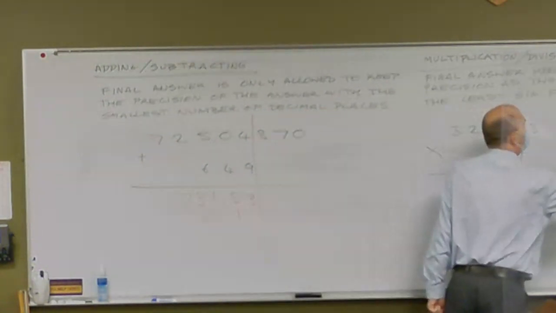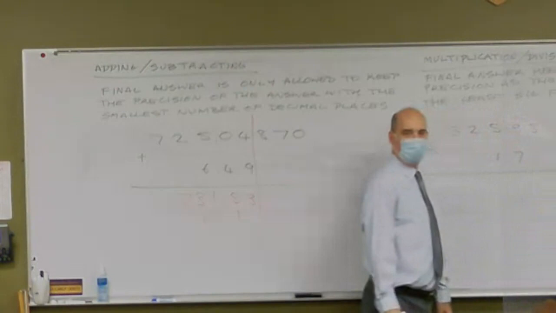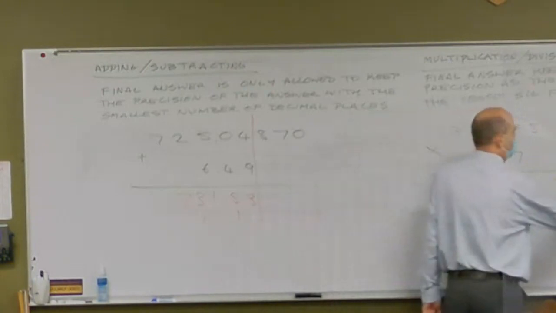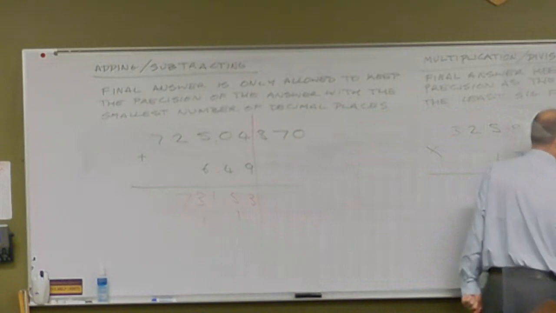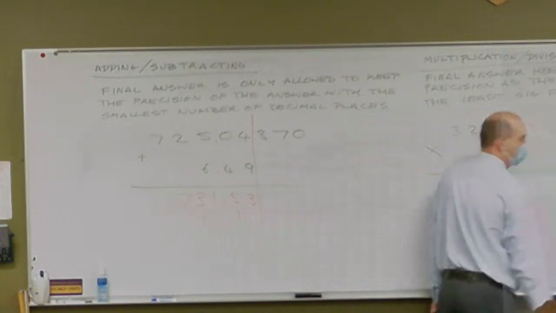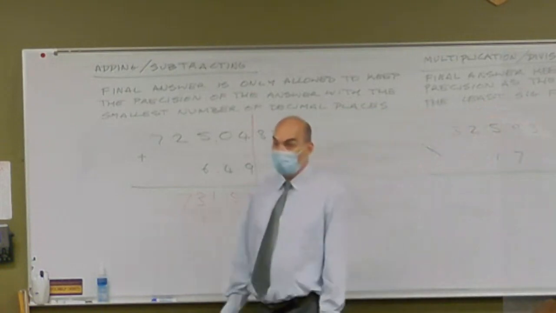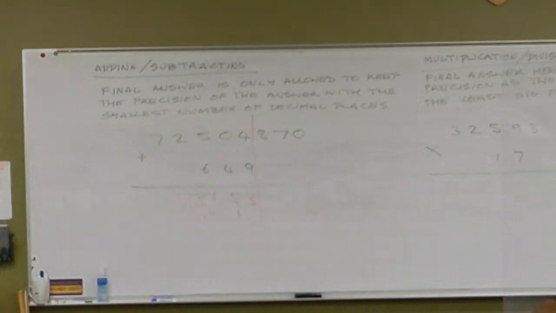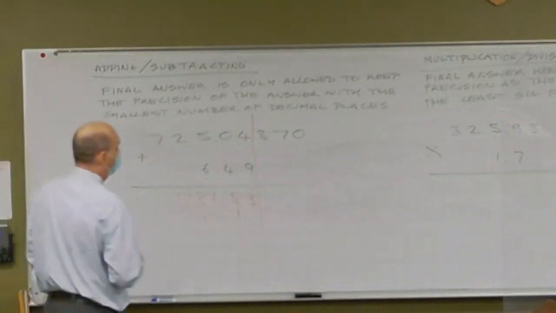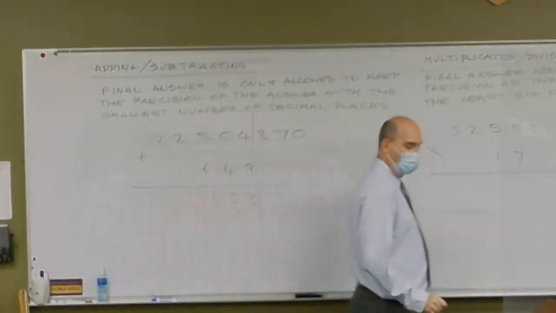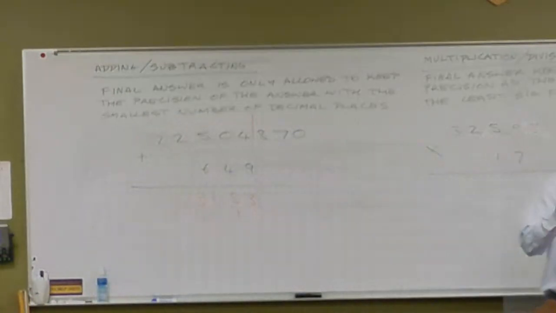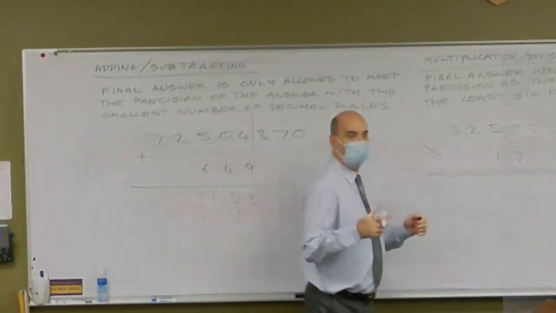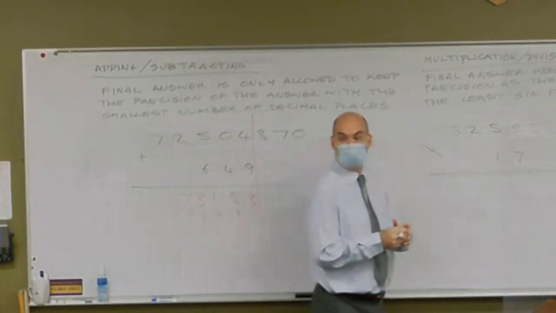That has 5 significant figures, and multiply it by 1.7, which has 2 significant figures, which means my answer is going to have 2 significant figures. Do the calculation on your calculator. Do not round down or round up. Just give me what the calculator tells you.